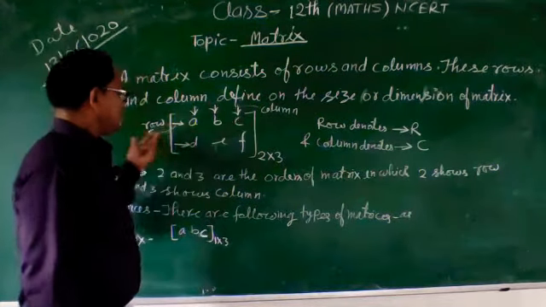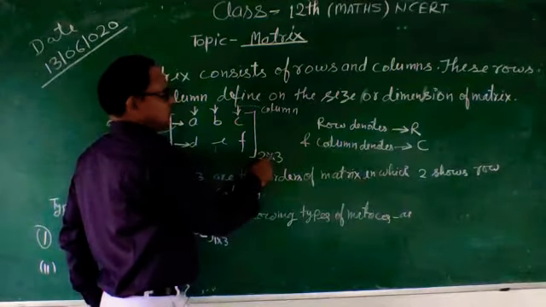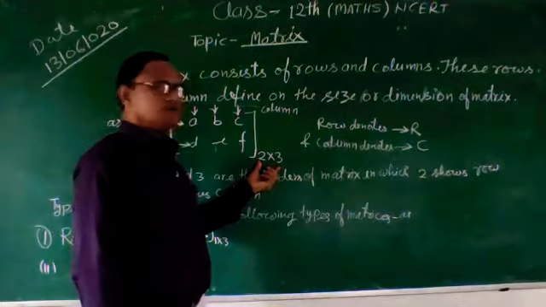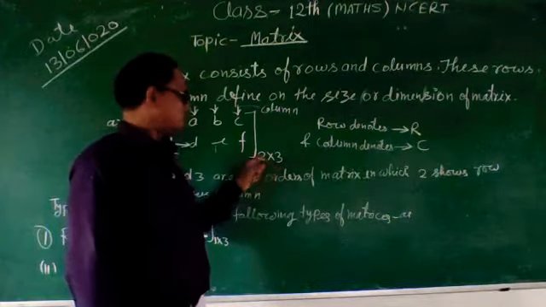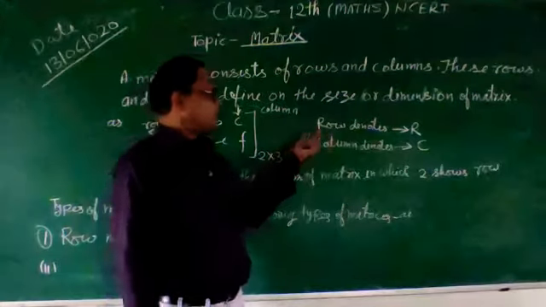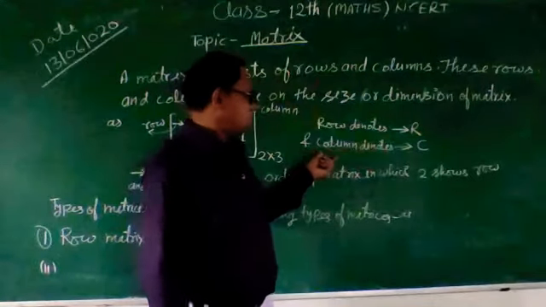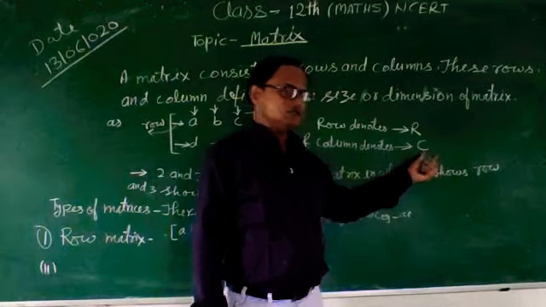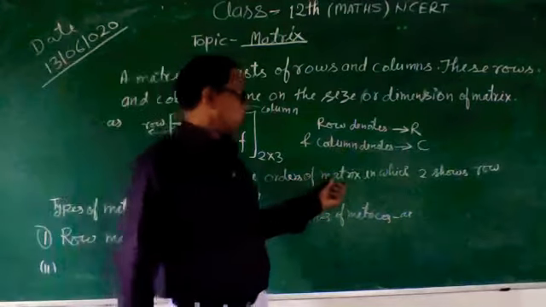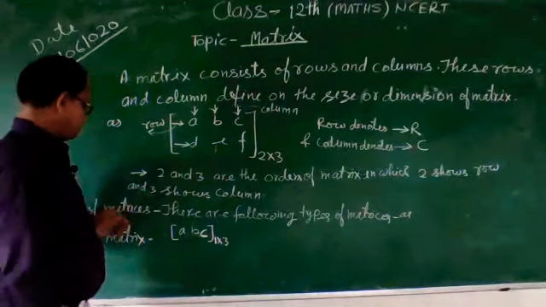Here 2 into 3 is the order of the matrix, in which 2 shows rows and 3 shows columns. Row is denoted by capital R and column by C.